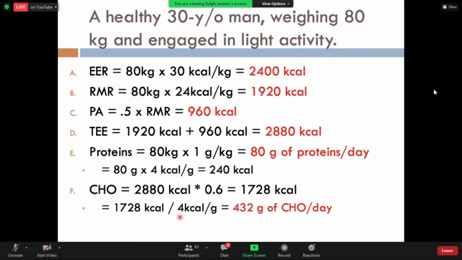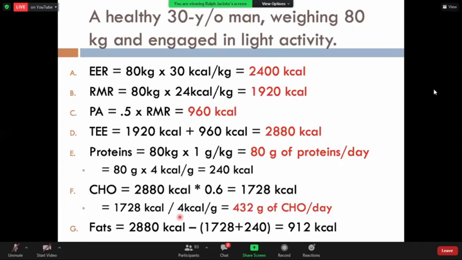Okay? Did you get me for this one? Yes. And then for the last one, we have to compute for the fats. So this one, you just have to subtract the calories provided by carbohydrates and proteins from the total energy expenditure.